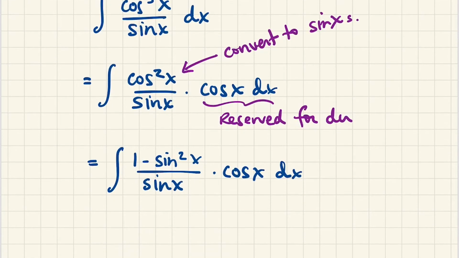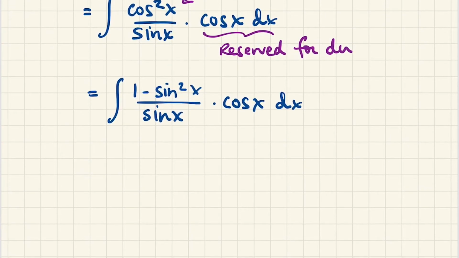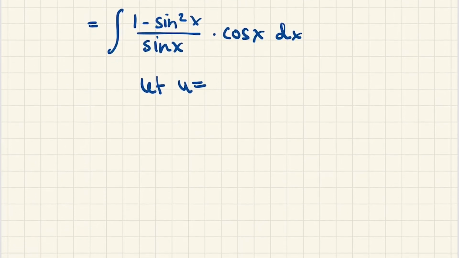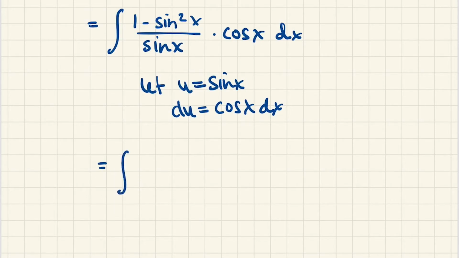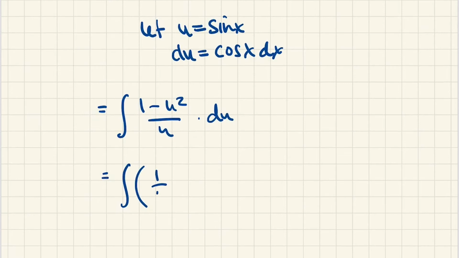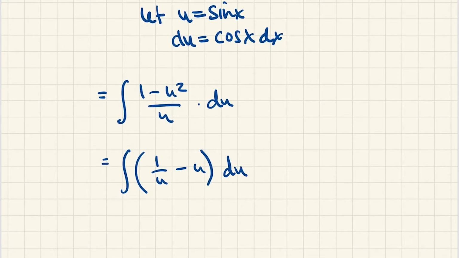All right, now we can let u equal sine of x, and perfect, du is cosine of x dx, exactly as we wanted. So this becomes 1 minus u squared over u du, which at this point is 1 over u minus u du, which integrates to ln of absolute value of u minus 1/2 u squared plus c.